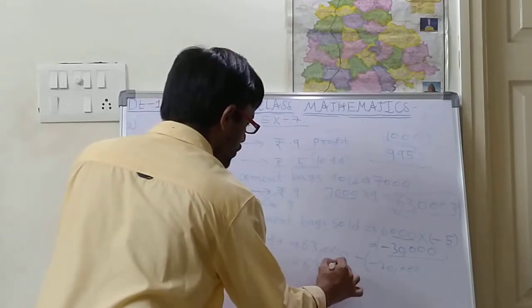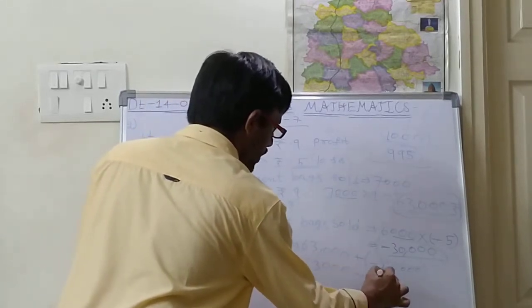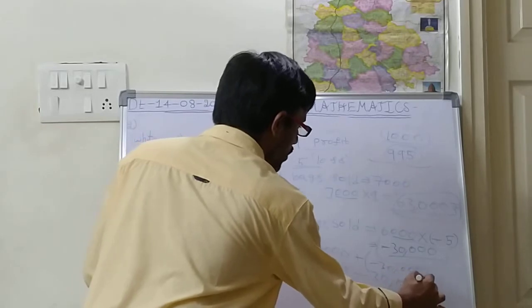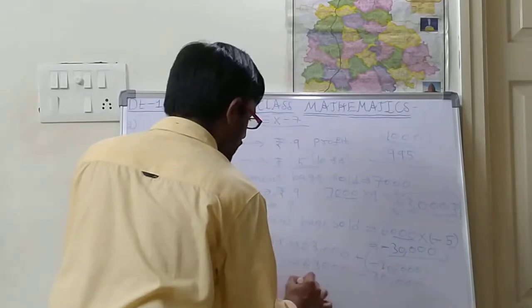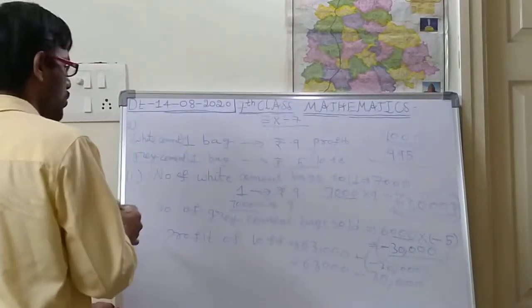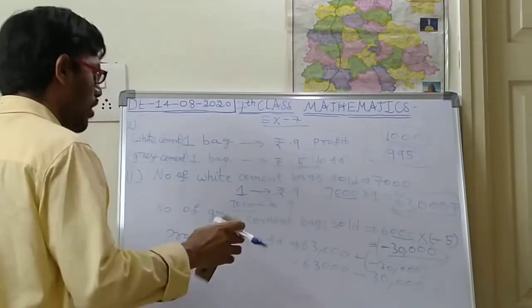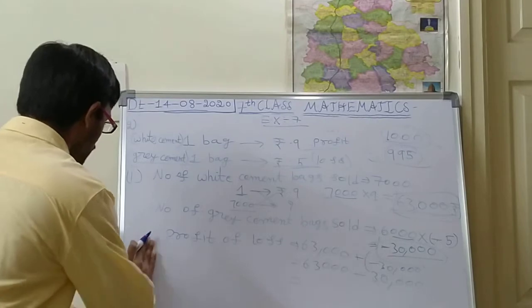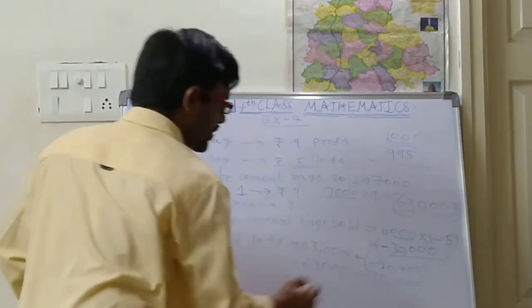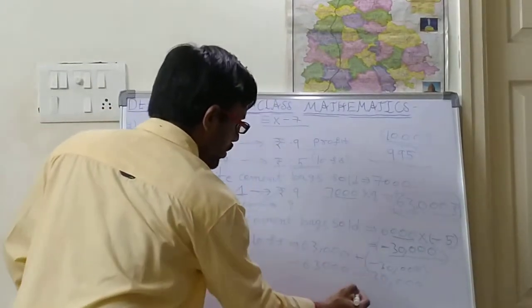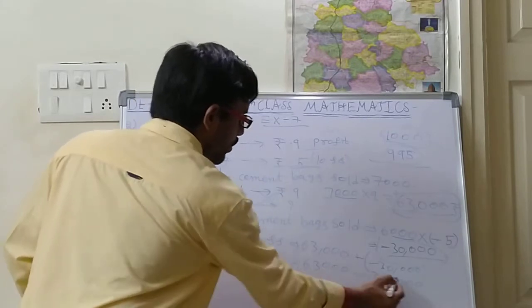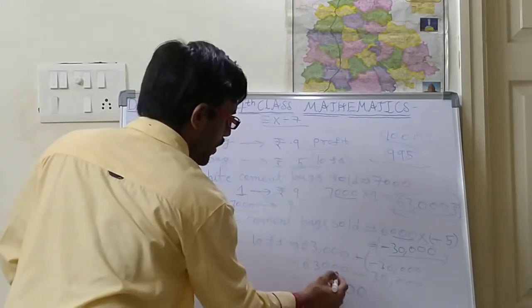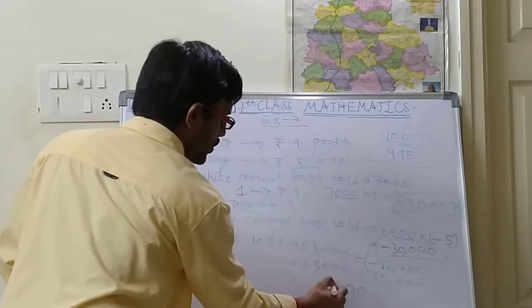So 63,000 minus 30,000. So what is 63,000 minus 30,000? You have to do the subtraction. So how will you do the subtraction? 5 digits are there. 0 minus 0 is 0. Next 0 minus 0, 0. 0 minus 0, 0.